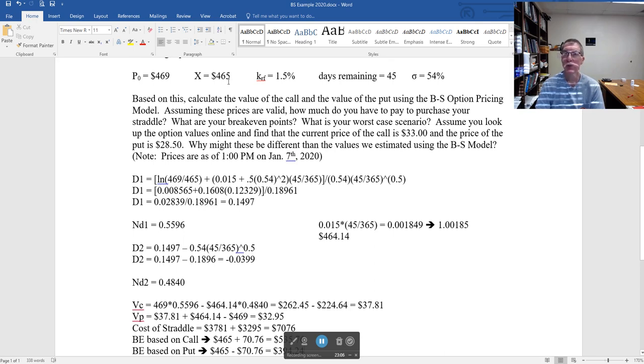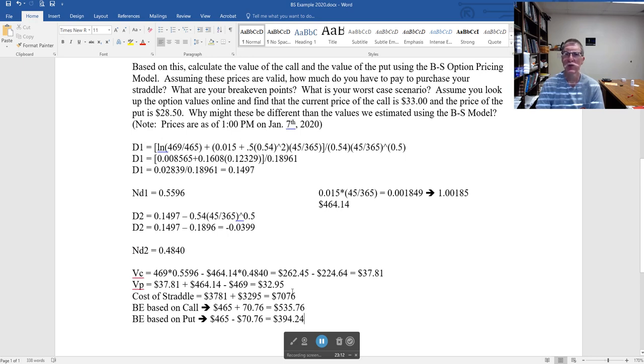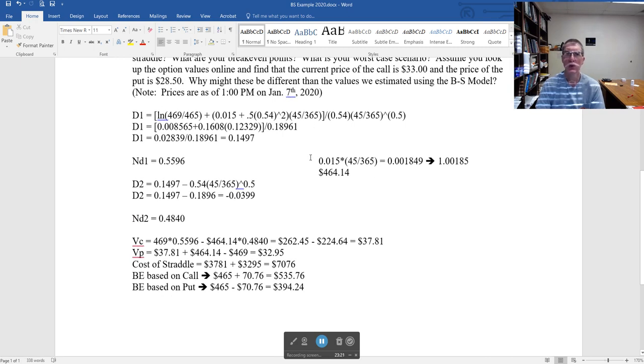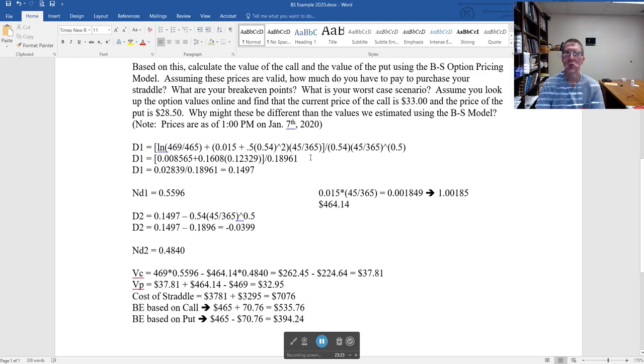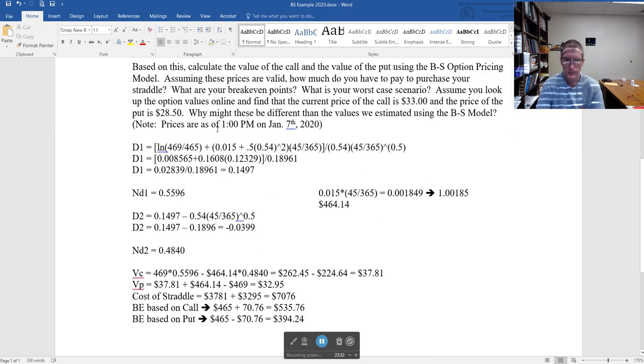In that case, both the put's going to expire worthless and the call's going to expire worthless, and we're going to lose our entire initial investment of $7,076. Now, obviously, that's going to be very rare, but that is the worst case scenario. So our worst case scenario is to lose $7,076, and that is going to occur when the stock price hits $465 at expiration.